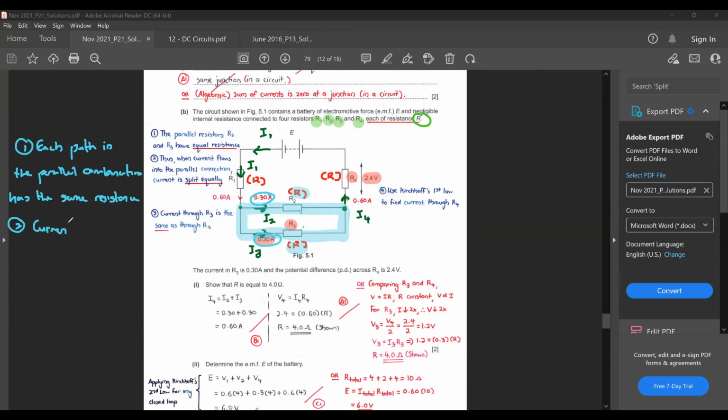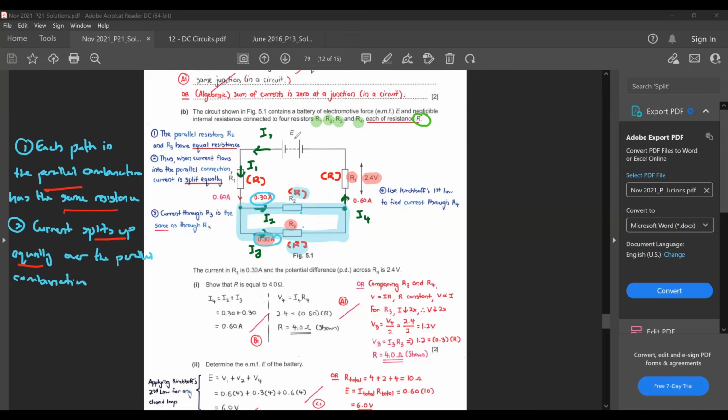Current splits equally over the parallel combination. So the keyword is to recognize that your parallel combination has the same resistance, and because it has the same resistance, current will split equally over the parallel combination.